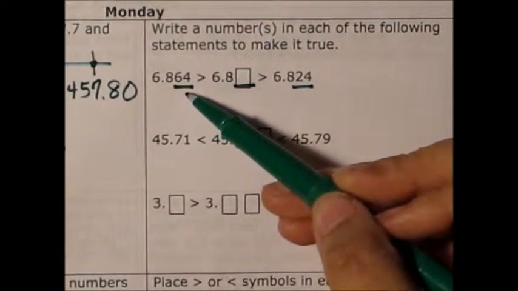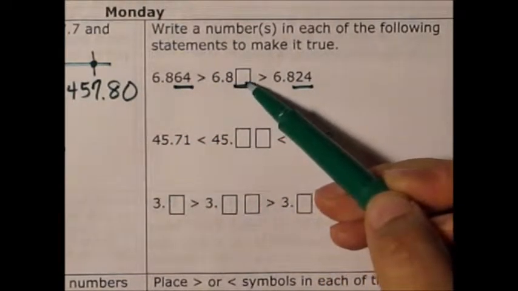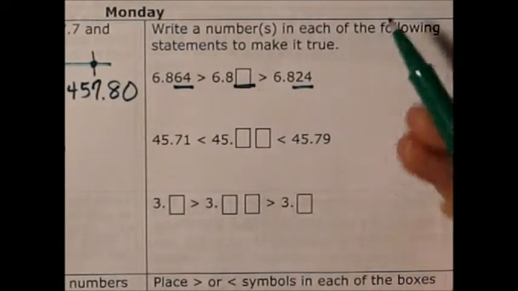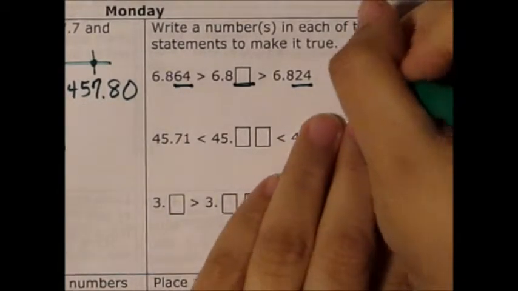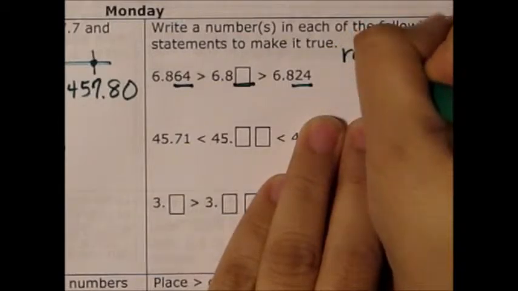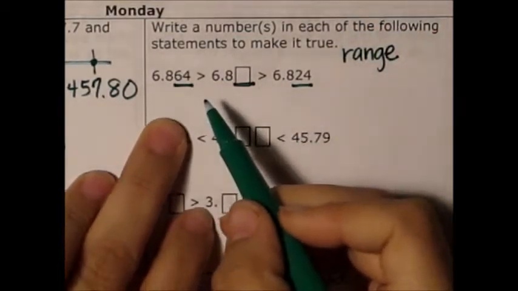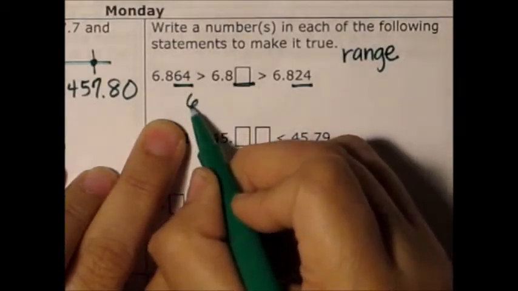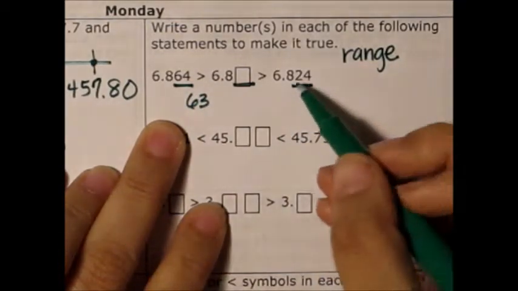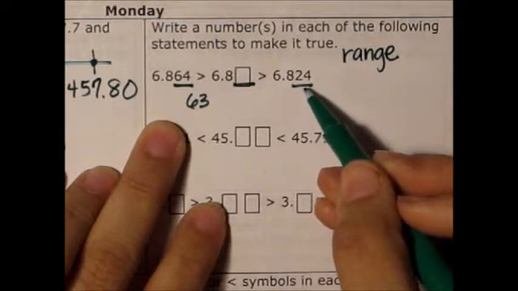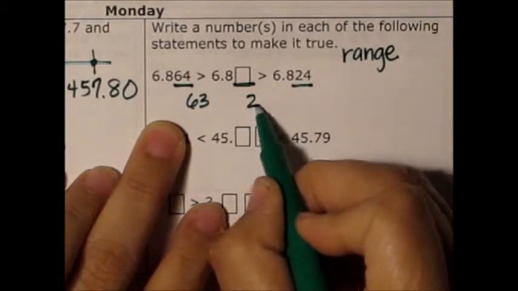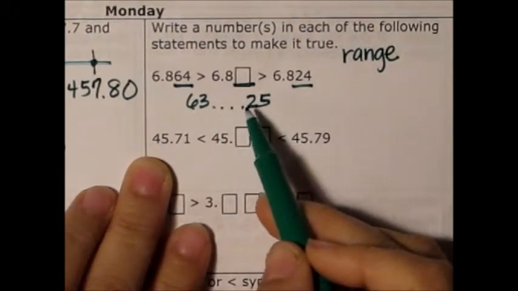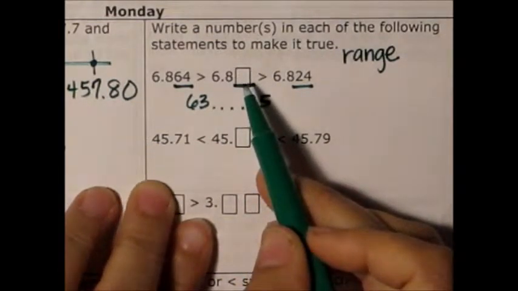So 64 would be greater than this number, and this number would be greater than 24. So really, we're looking at a range. What is less than 64? I know 63. And what is greater than 24? 25. So any number between 63 and 25 is really what could fit here.